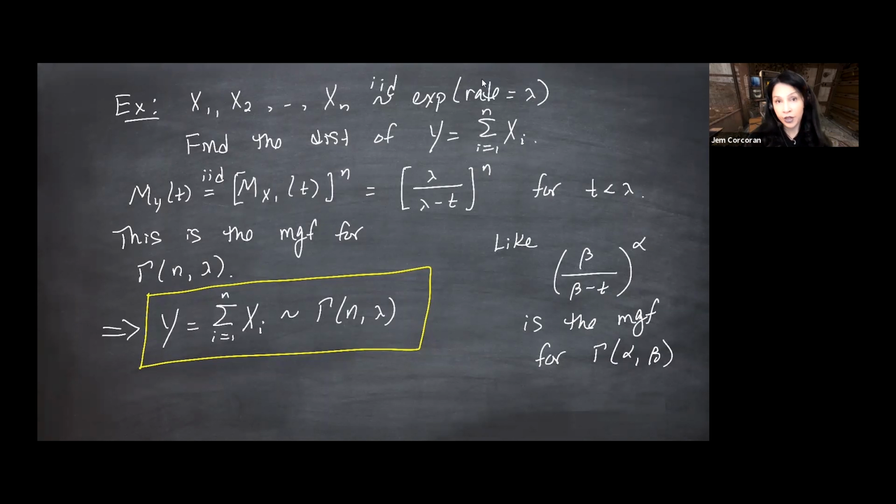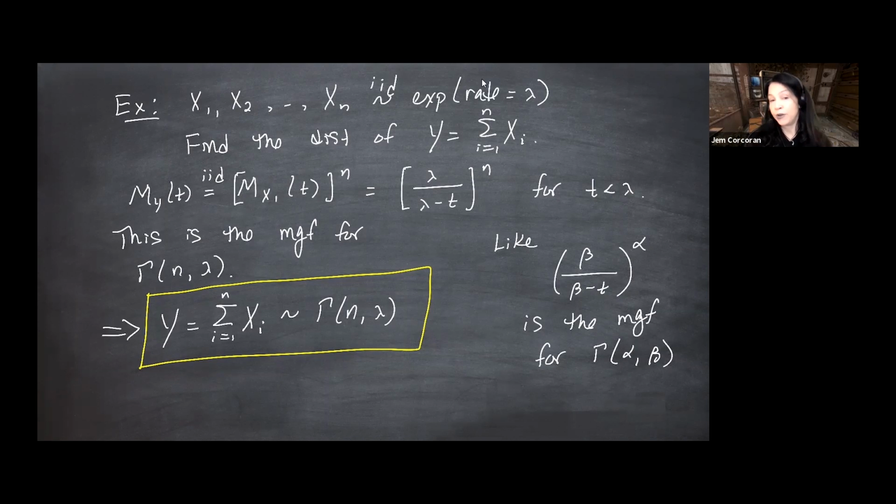But now we know that the sum of geometrics is a negative binomial just by looking at those moment generating functions. And that makes a lot of sense, because if you want to go until you see the rth success, you can just go until you see one success, count that many trials, and then go until you see one success again, count that many, and then go until you see one success again. You have to add up, for r successes, r different geometrics.